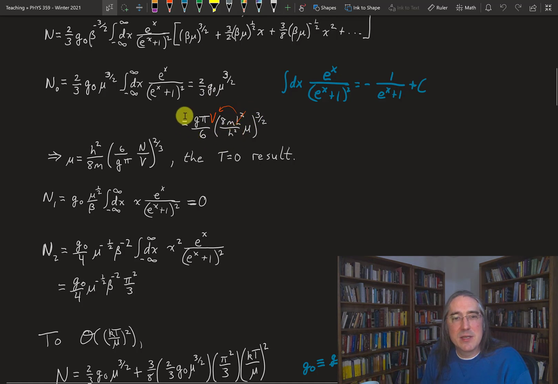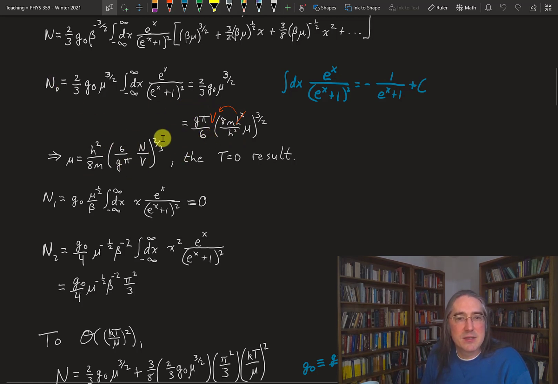But these things should all remind you of the Fermi energy. And all that's missing is an n. But we've got an n, right? So when we solve this, we get that mu equals, well, these things are going to come out. Well, actually, let's start from the inside. These things are going to come over, right?